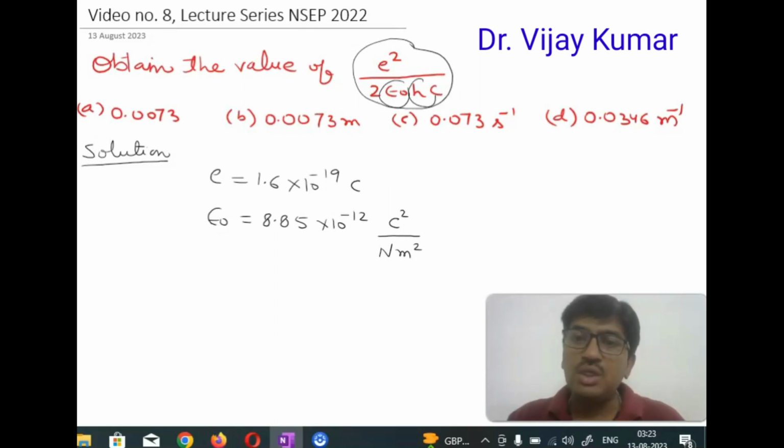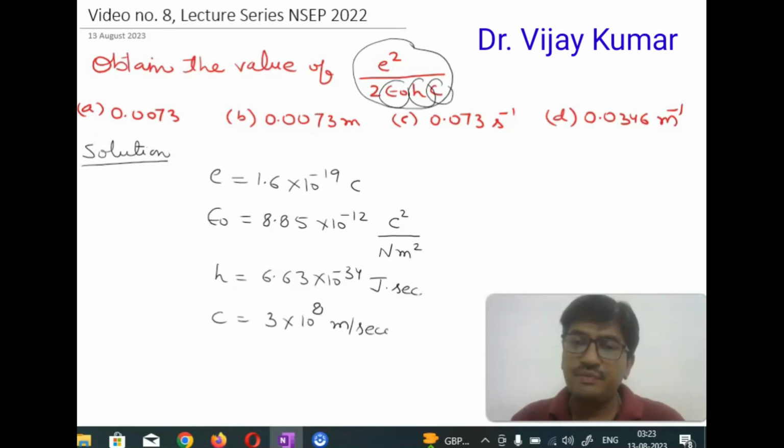This is Planck constant h, 6.63 into 10 to the power minus 34, and the unit of h is joule second. This is c, the velocity of light, which we know very well, 3 into 10 to the power 8 meter per second.